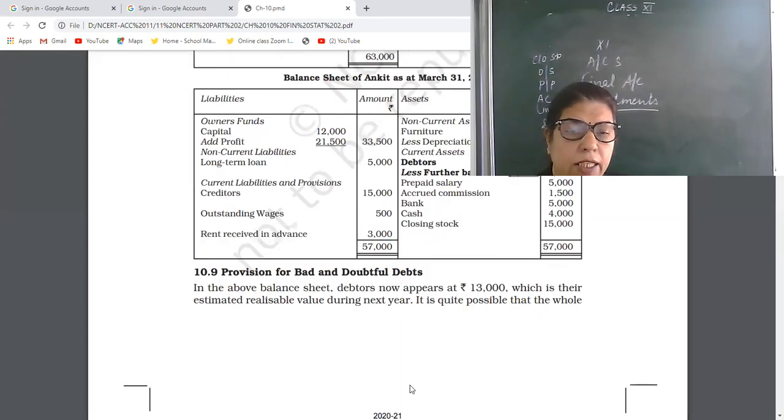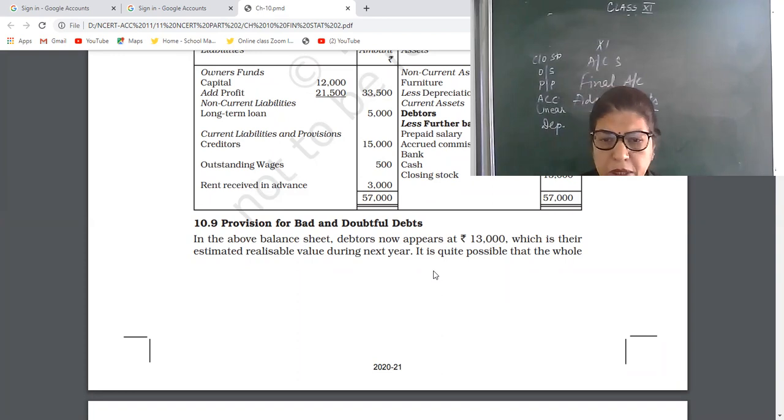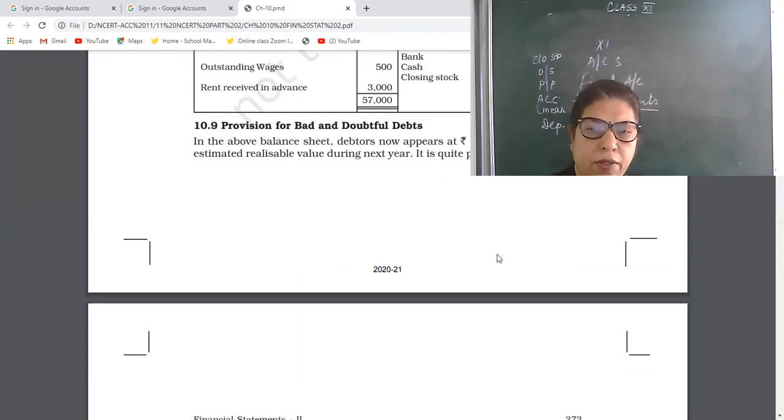Now the next is provision for bad and doubtful debts, which you can call PBD. Every organization prepares some provision for bad and doubtful debts, because in business, if they are selling goods on credit, it is possible that a few debtors will not give the money.